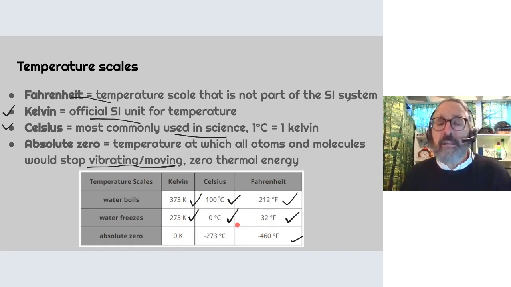So the reason that we have these different scales, in the beginning we had like 23 different scales of thermometers, and these were individually made by handy people with glass, and the most popular one was the Fahrenheit.